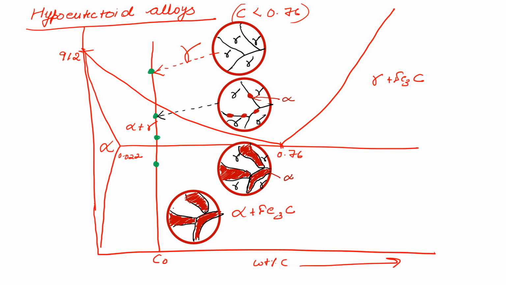And we'll have colonies of alpha and Fe3C. So these colonies are known by a very special name, perlite.